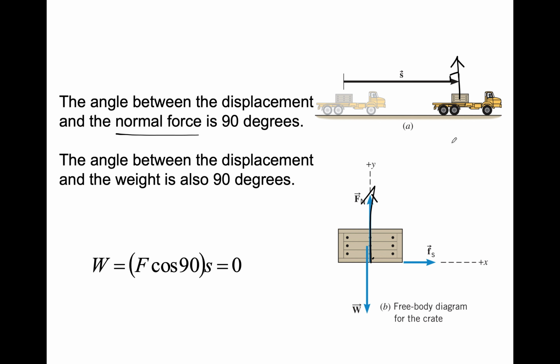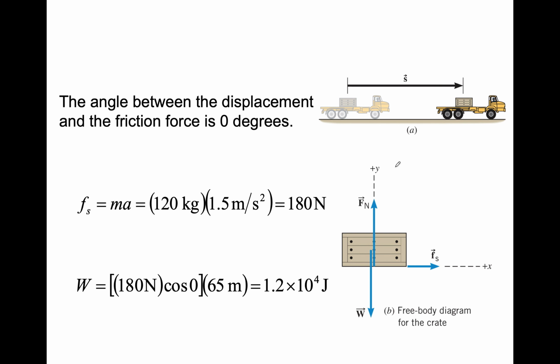So cosine 90 degrees gives us 0, so normal force doesn't do any work. Can we do the same thing for gravity? Weight pointing down, displacement horizontal. What's the angle between weight and the displacement? 90 degrees, cosine 90 degrees, 0. So neither normal force nor weight does any work in this question.